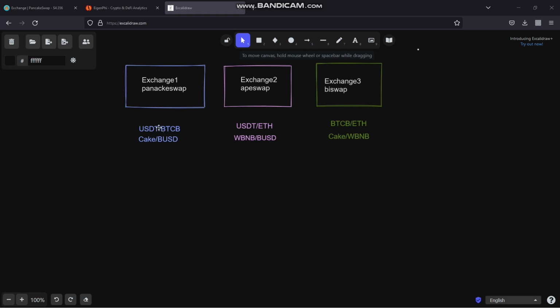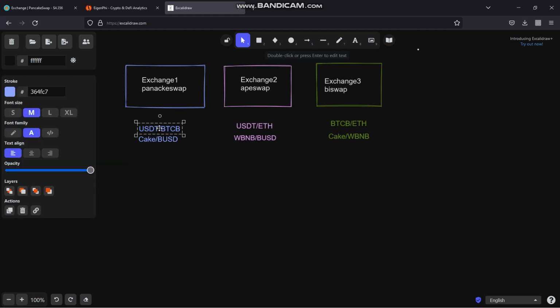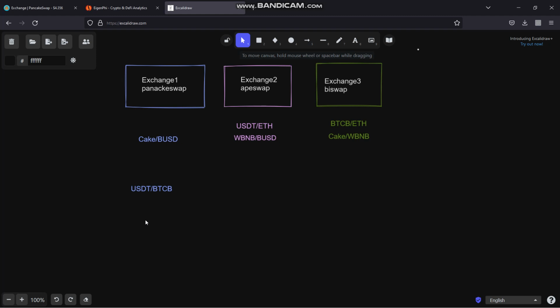So it's going to find what is the first pair there, and the first pair in this case is USDT BTCB. It's going to go to the other two exchanges and find, is there any exchange that has BTCB or USDT?